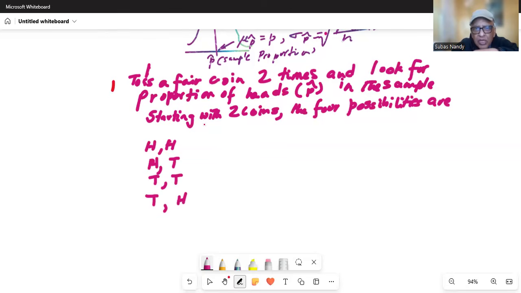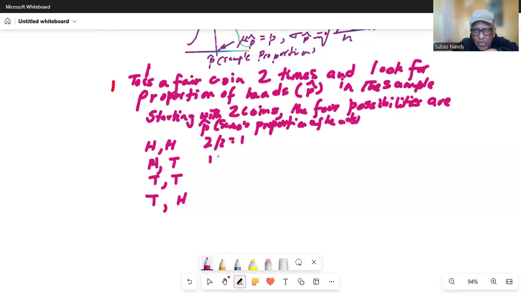So now we are looking for p hat, which is the sample proportion of heads. Here, the first case, both are heads, so it is 2 out of 2, equal to 1.